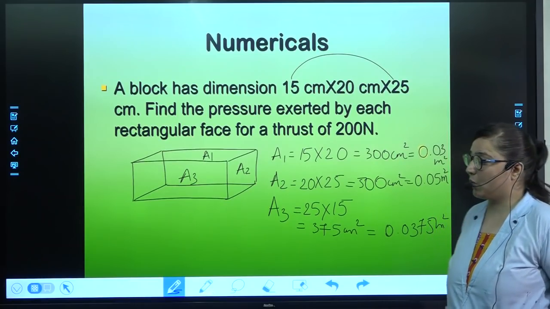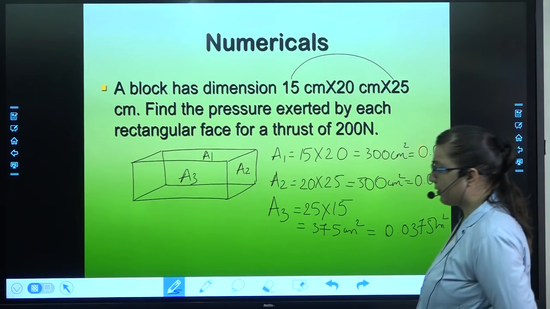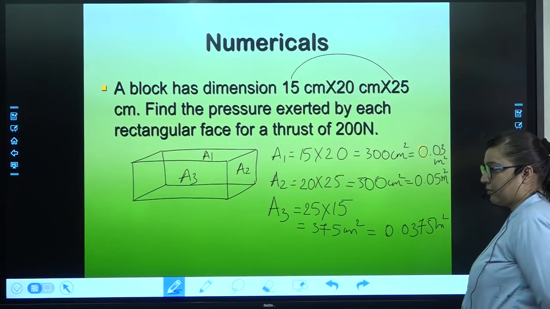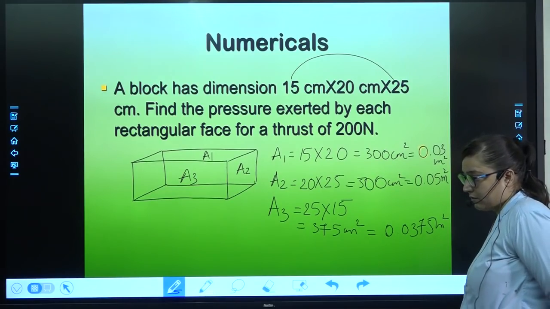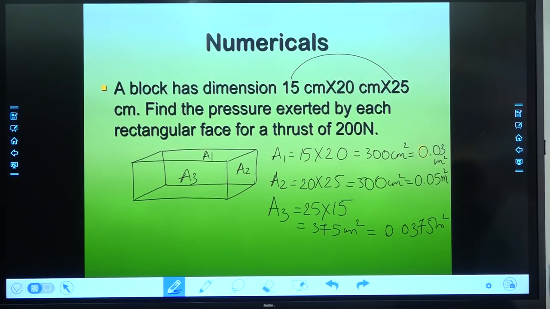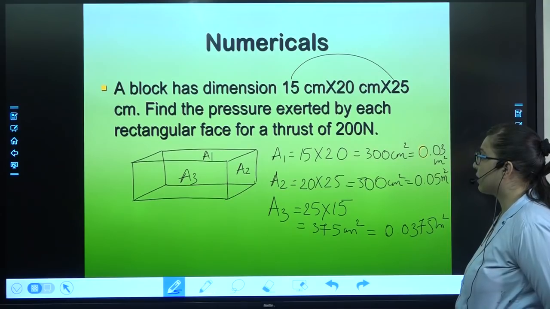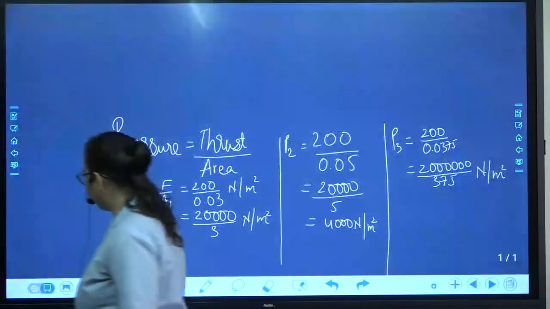Note down the numericals quickly. I hope you have noted the area, now the pressure.